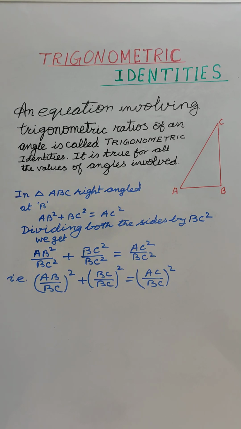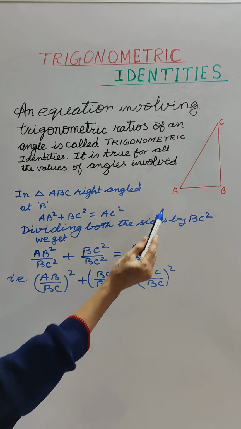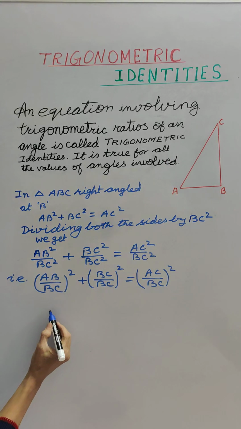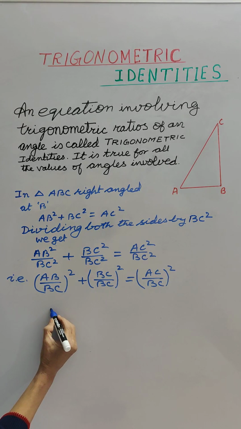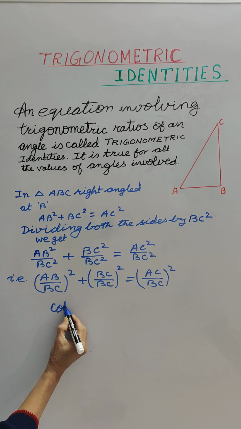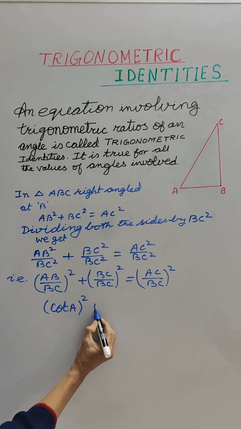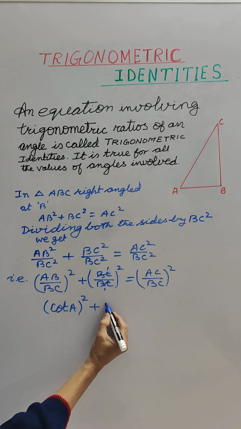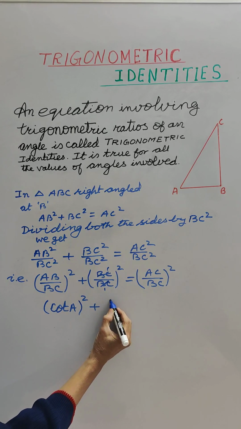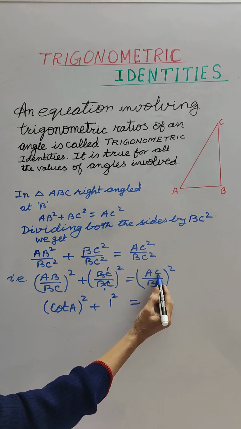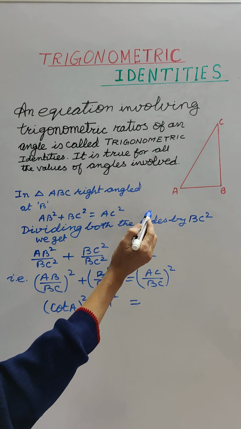For this, AB upon BC is cot A, so cot A square plus BC upon BC, which is 1, cot A square plus 1 square is equal to AC upon BC.